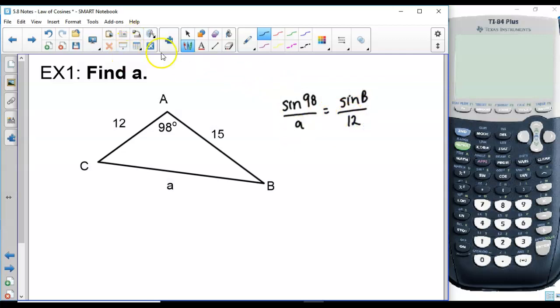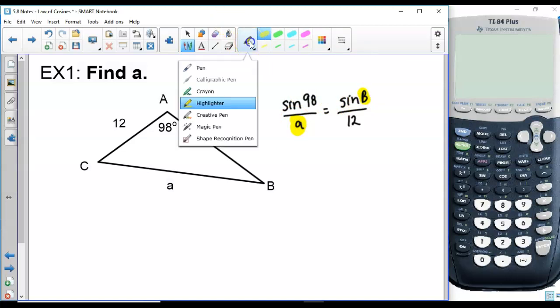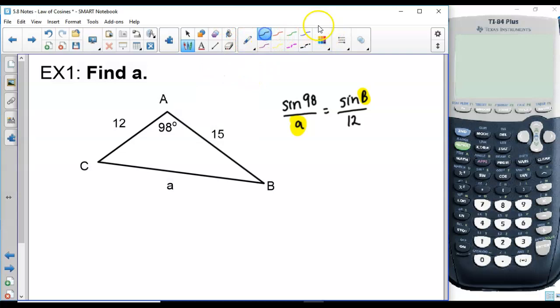You end up here with 2 variables. Got a variable here and a variable here, and you can't solve that equation whenever you've got 2 variables. So, with law of cosines, even if you don't remember about side angle side, if you try to set up law of sines, it's just not going to work.